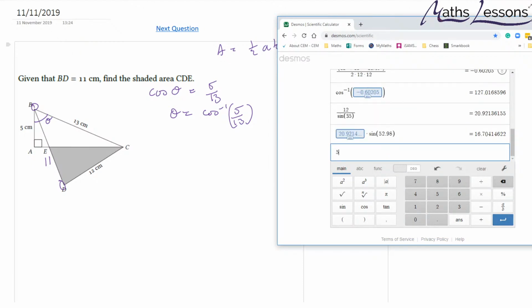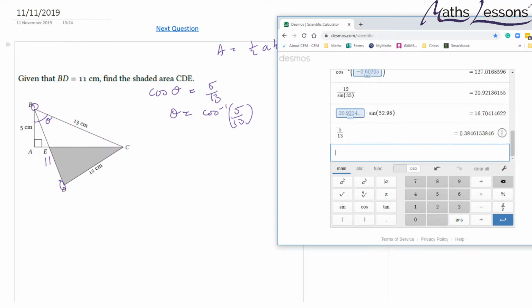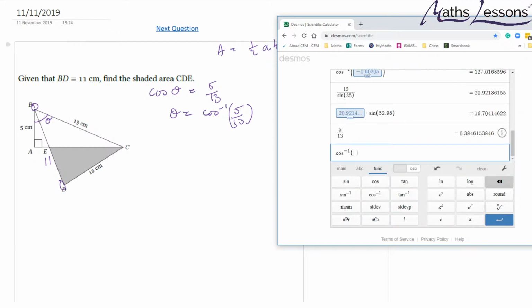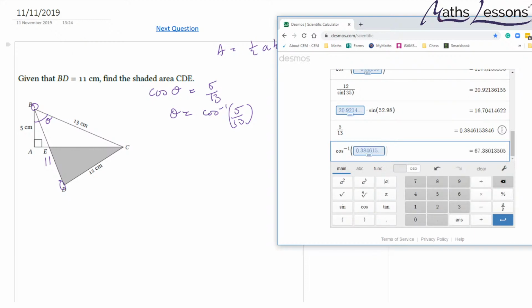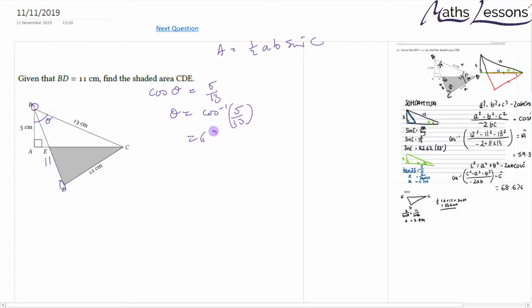So we do 5 divided by 15, then the inverse cos function, and we get 67 degrees. That angle. So now we can find out this area.